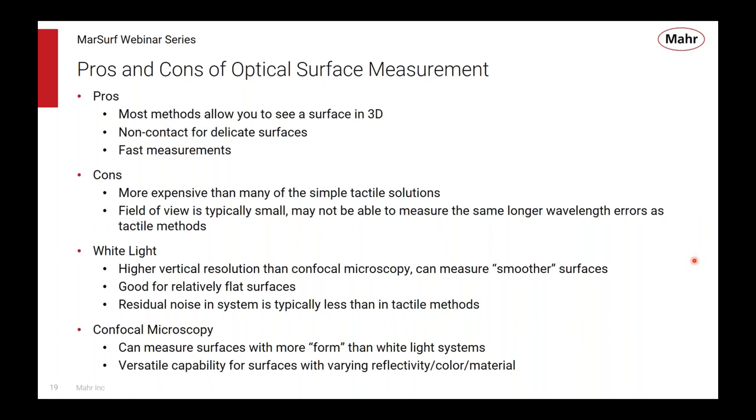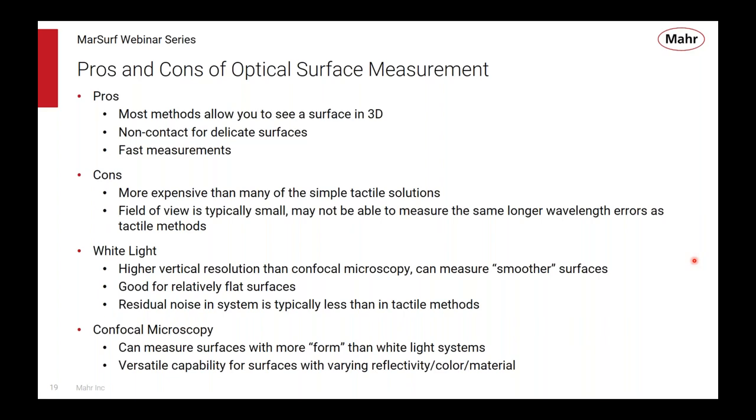It's quite versatile and doesn't really have a lot of sensitivity to varying reflectivities of surfaces or colors of the surface or the type of material, whether it be plain steel or even plastic or titanium nitride coated steel or something else. It's quite good at adapting to the type of surfaces.